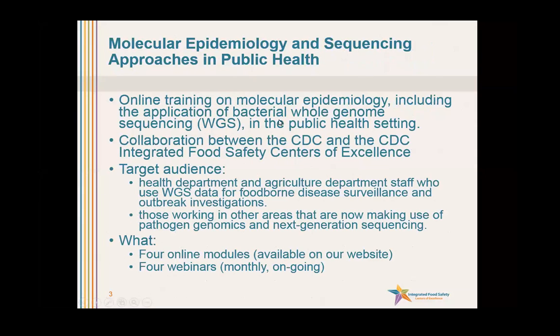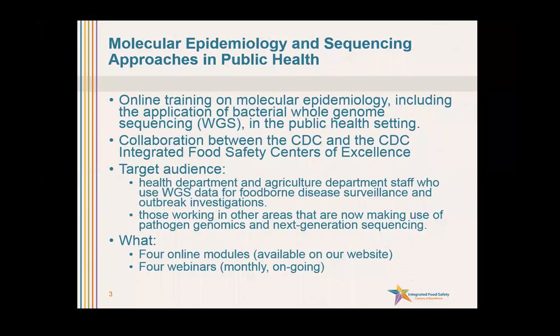The target audience for these modules and this activity are health department as well as agriculture department staff who use WGS data for foodborne disease surveillance and outbreak investigations, but importantly also those working in other areas that are making use of genomics and next generation sequencing for disease surveillance.